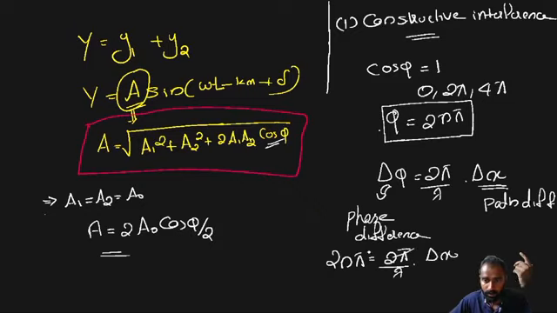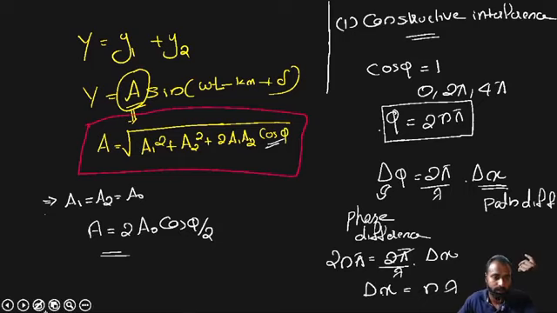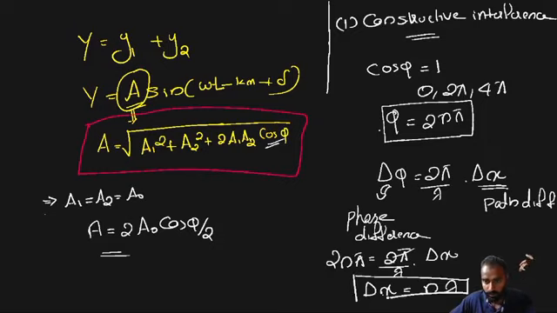Cancel this 2 pi, 2 pi, so I will get delta x equal to n lambda. This is the path difference for constructive interference.